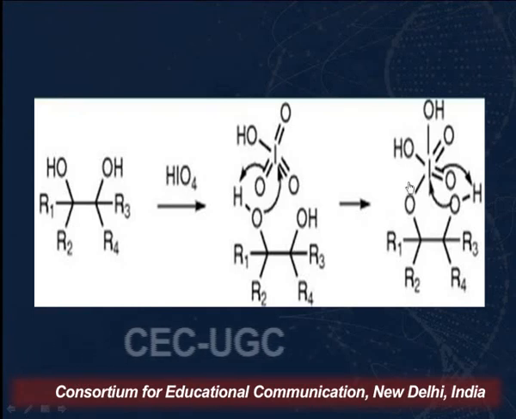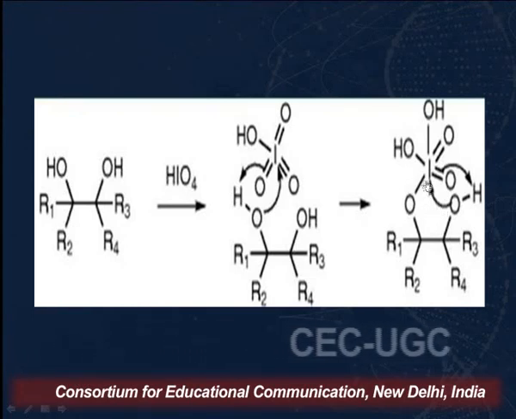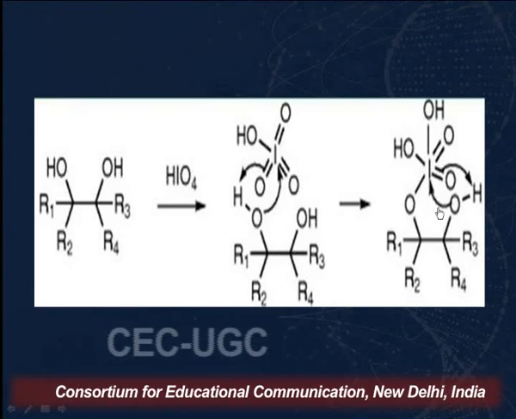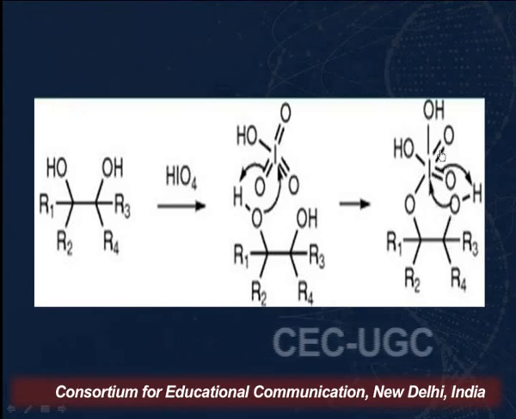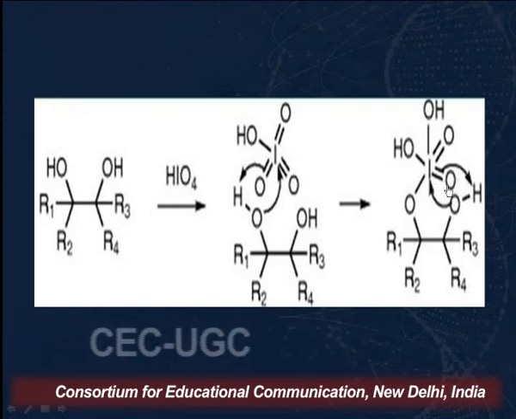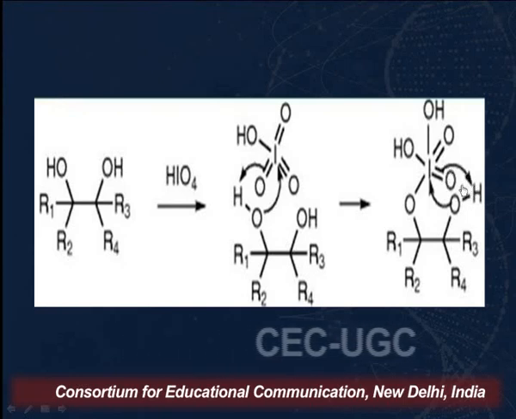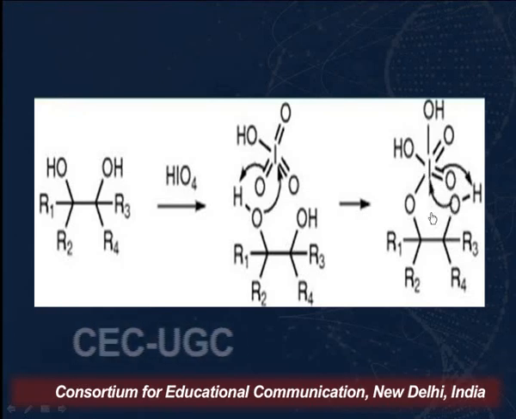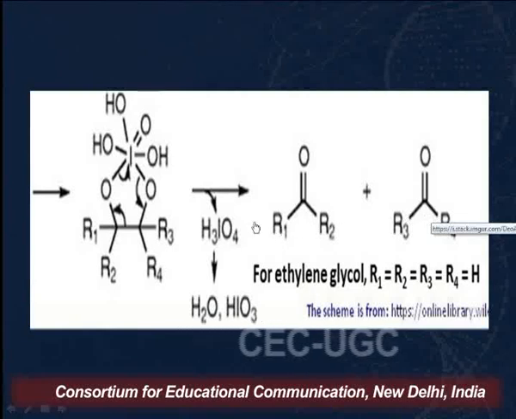Now similarly, the same reaction takes place here: iodine, being electrophilic, is attacked by the second hydroxyl group, that is, the lone pair of electrons on oxygen, and now these electrons move on to this oxygen, and the negative charge on this will pick up a proton from here, and this O will again be converted into OH, and we will get a bond here, which I have shown in the next slide. So this is the cyclic intermediate which we get.